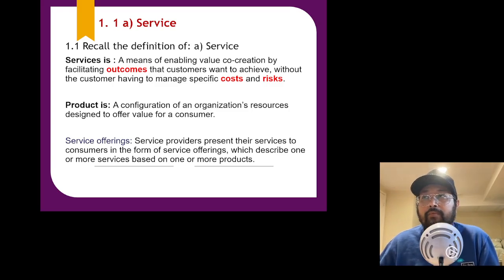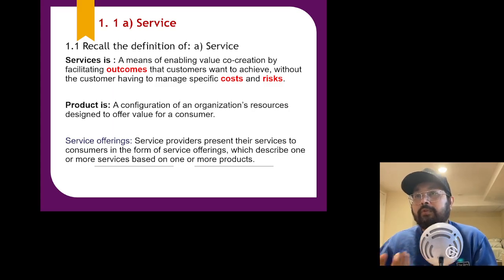And whenever we discuss service, there is another topic, that is what is product. So product is a configuration of an organization's resources designed to offer value for a customer. So from the definition we can see there is a clear difference between service and product. So service and product make a service offering.